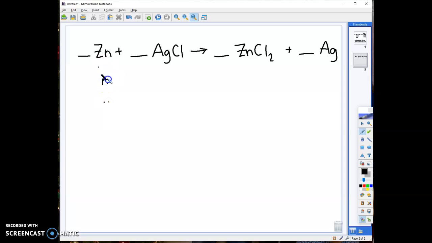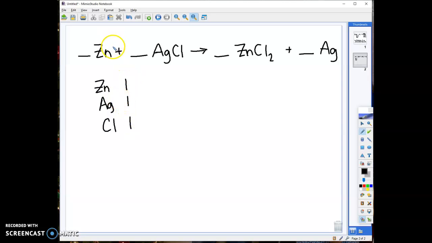I don't know what's going on with my pen today. Making all kinds of weird shapes here. Alright, so I'm going to write down my symbols for everything I have. So I've got zinc, I've got silver, and I've got chlorine. And I'm going to count them up, and on my reactant side I have 1 of each.